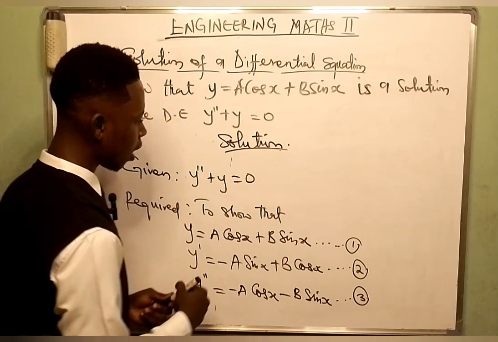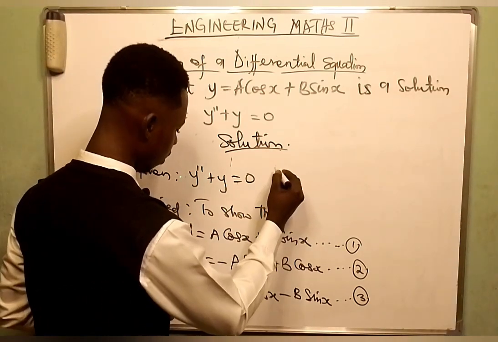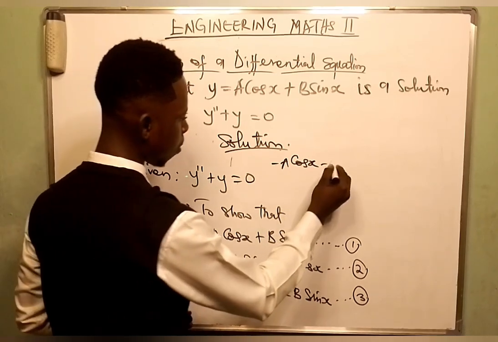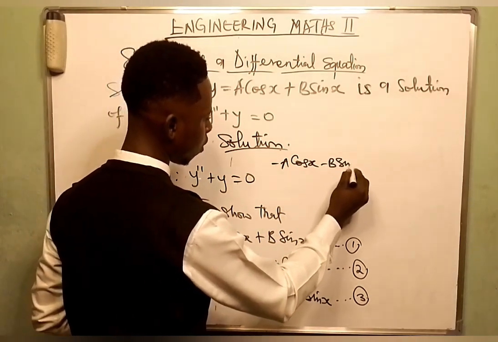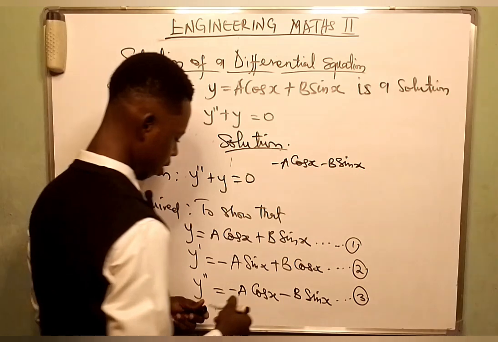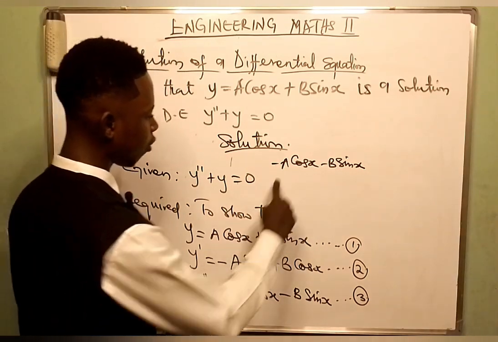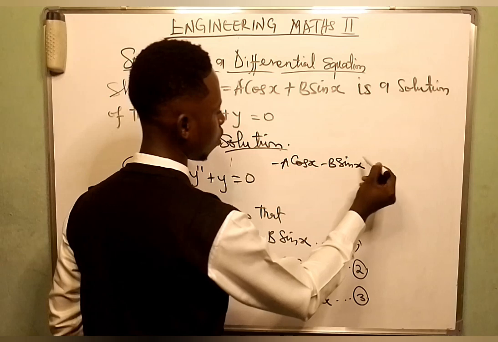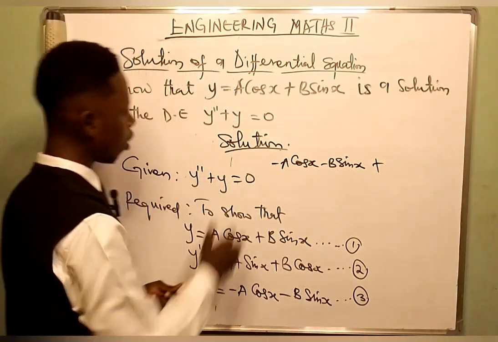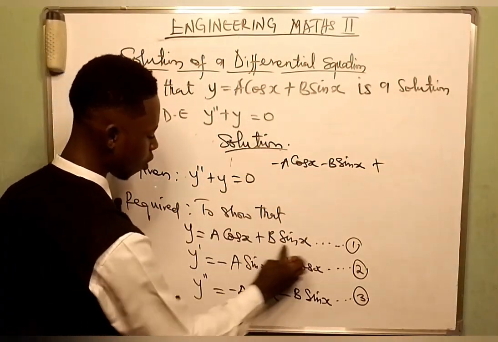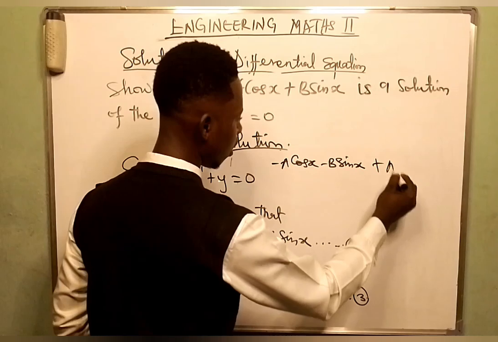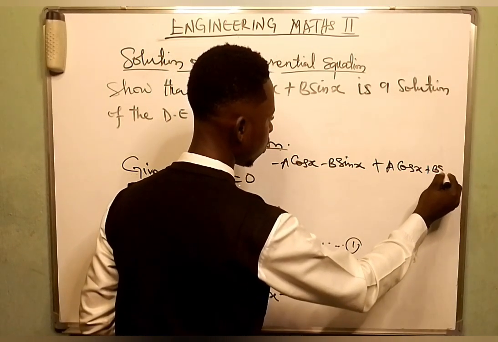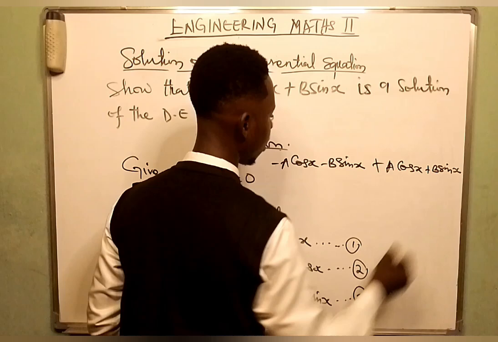Now y prime prime here is minus a cos x minus b sin x. Then you put your plus y. The value of your y is a cos x plus b sin x.